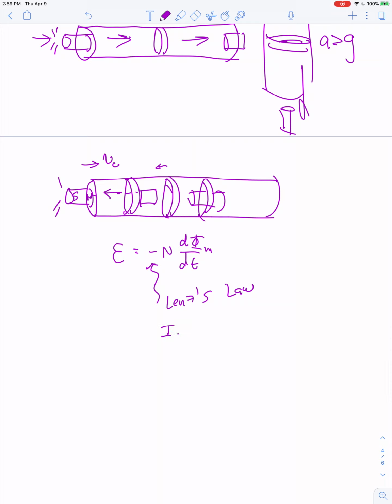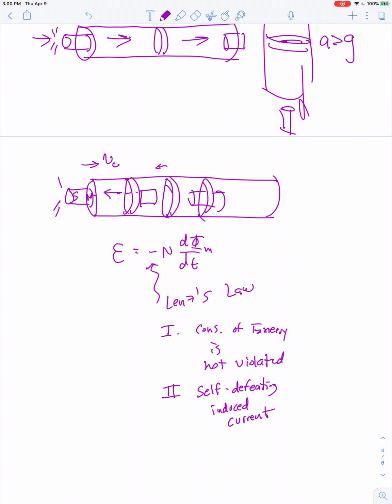One, it guarantees that the law of conservation of energy is not violated. And two, it makes the induced voltage produce some sort of a self-defeating induced current. Okay, so watch my video demonstrations on Lenz's law.